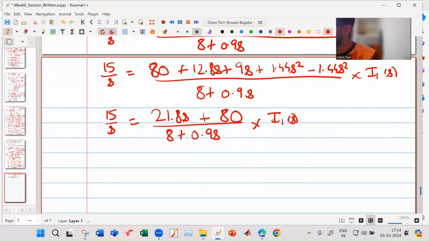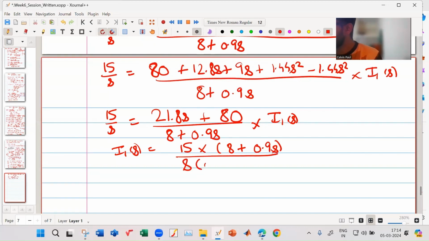So we get I1 of s is equal to 15 into 8 plus 0.9s upon s into 21.8s plus 80. All right. It has come out to be of this form.